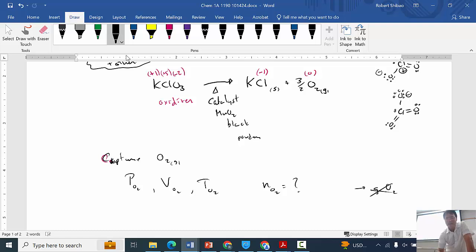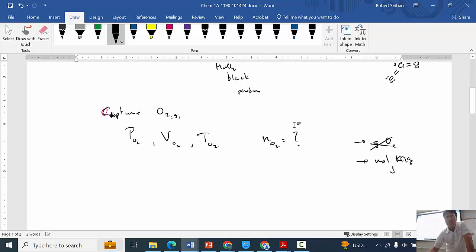From the moles of oxygen gas, we're going to calculate the moles of KClO3. And then from the moles of KClO3, we'll calculate the grams of KClO3. So we have to determine the pressure of the pure oxygen, the volume of the pure oxygen, and the temperature of the pure oxygen gas.